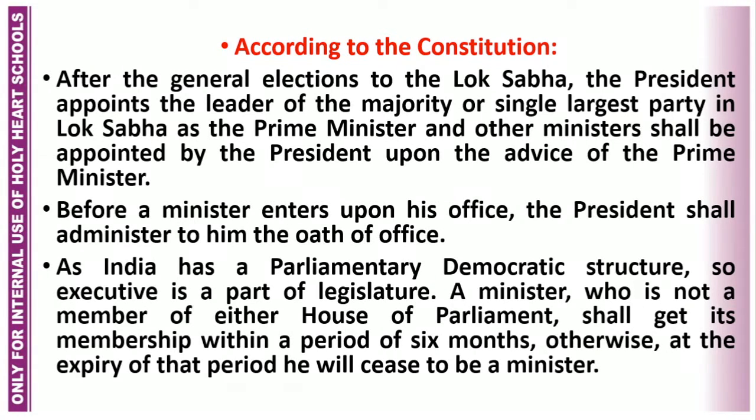So this is the condition of a parliamentary democratic structure. It means the executive, that's the ministers, must be part of the legislature, that's Parliament. If any minister is not a member of any house, he can't continue as minister for more than 6 months.